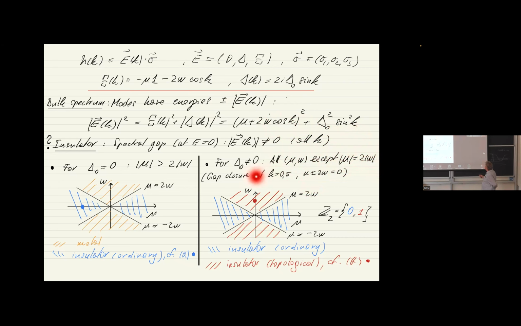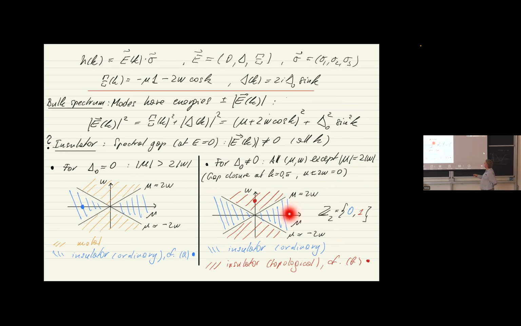And how come? Because a gap closure can occur only if also this term gets to 0. And that does occur at k equals 0 or pi. But then usually the first term is not 0, because the cosine is either +1 or -1, and only in that case is it also 0 if this condition holds. Then you have a gap closure, and the gap closures are these black lines, and everywhere else you have an insulator.